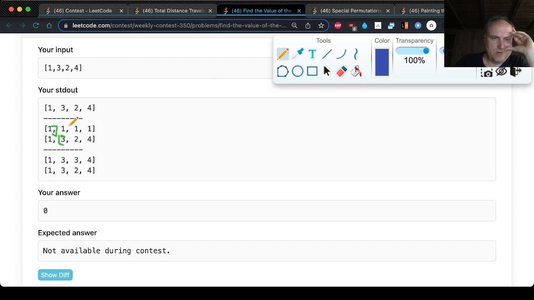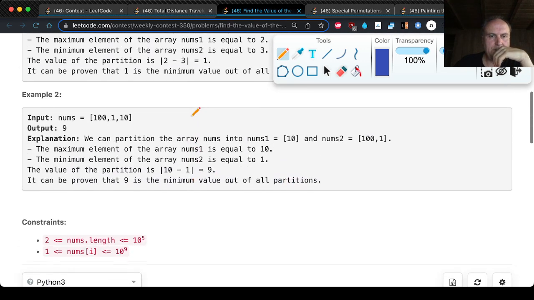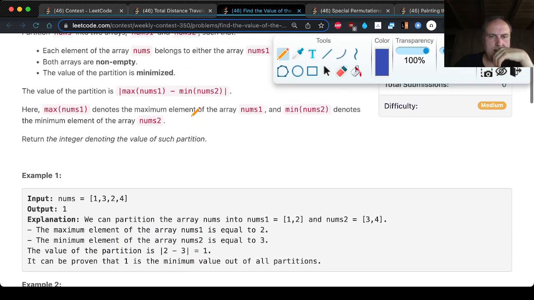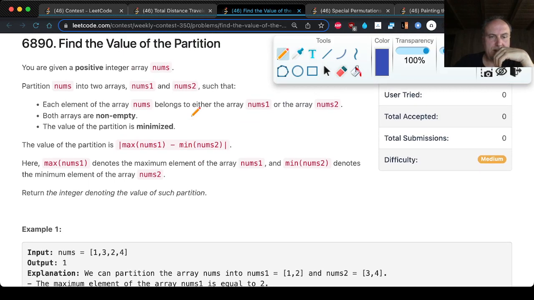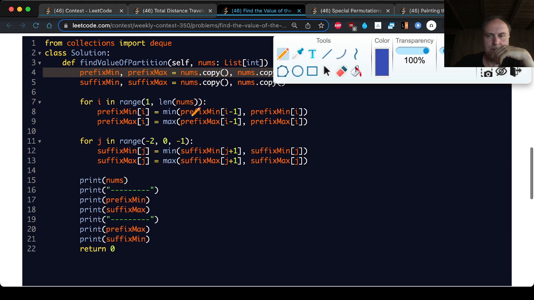And then it's going to be, okay, so it has to be max minus min, right? Max minus min. Mistake here.